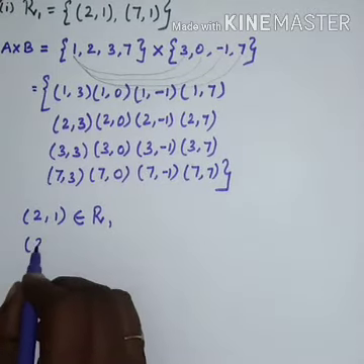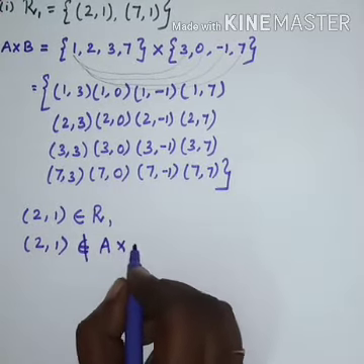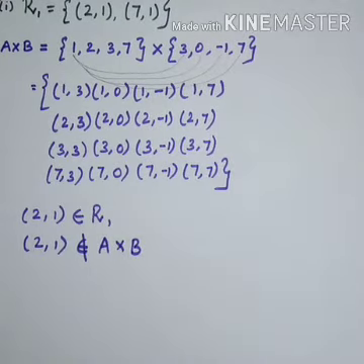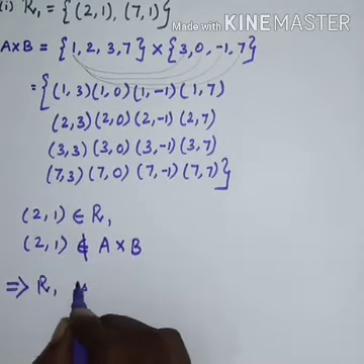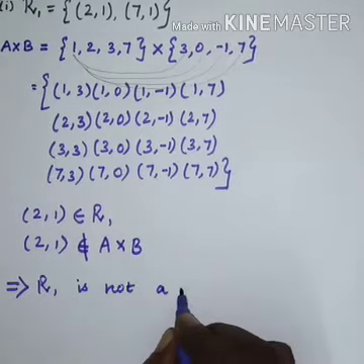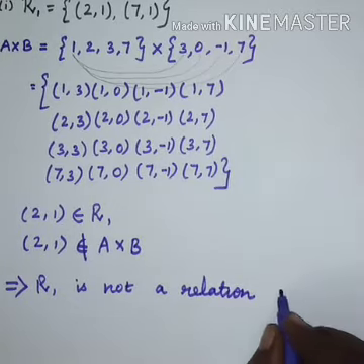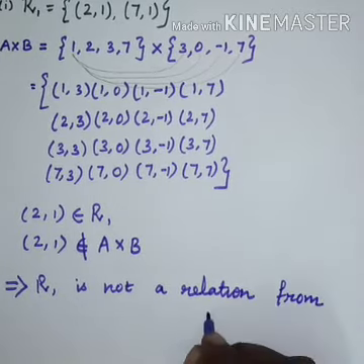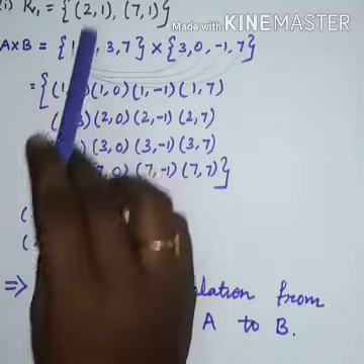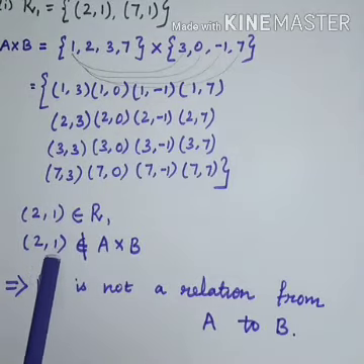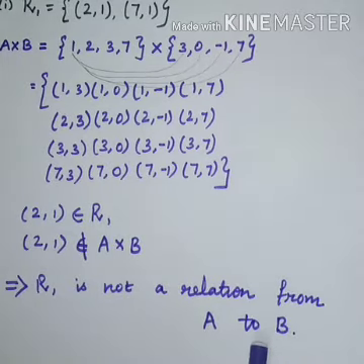So (2, 1) does not belong to A cross B. In this case, we can say R1 is not a relation from A to B. Here (2, 1) belongs to R1, but (2, 1) does not belong to A cross B. So R1 is not a relation.